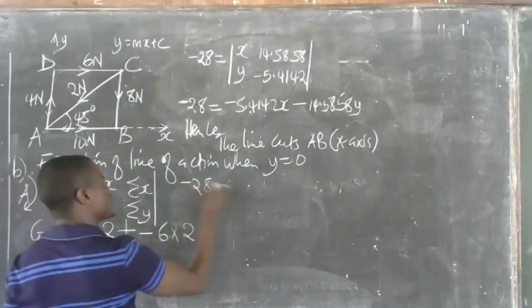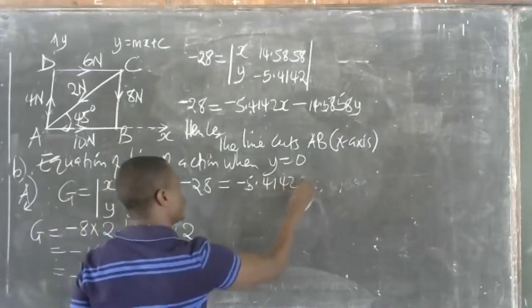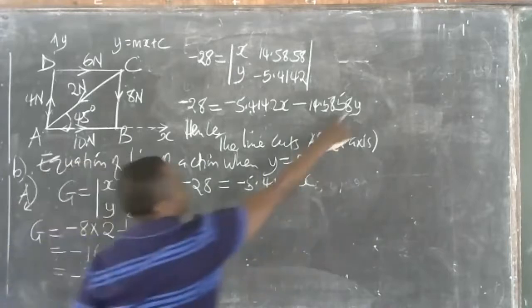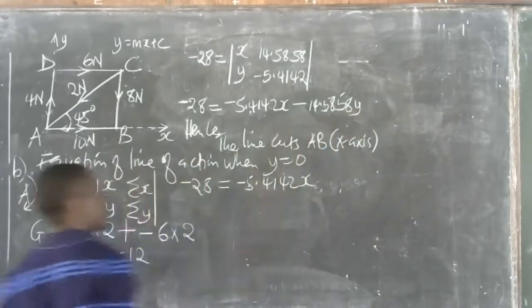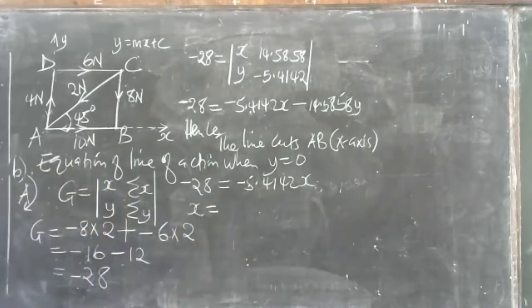That will leave us with negative 28 equals negative 5.4142x. When you put 0 here, the y term disappears. So you divide, and what do we get as x? 5.1716.